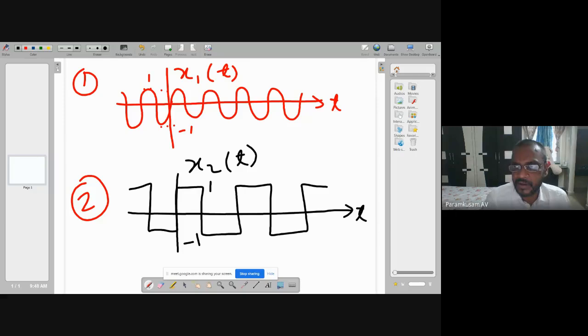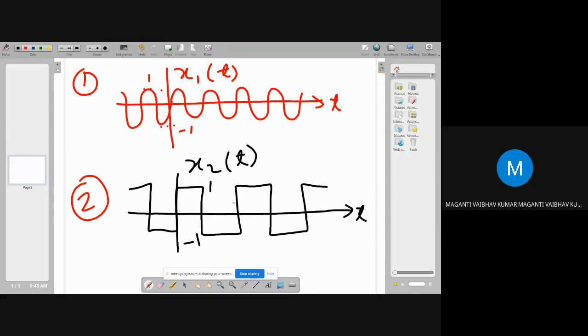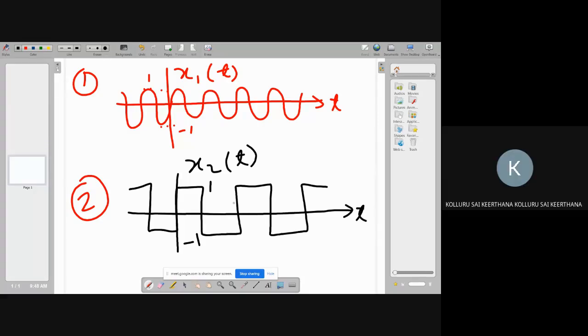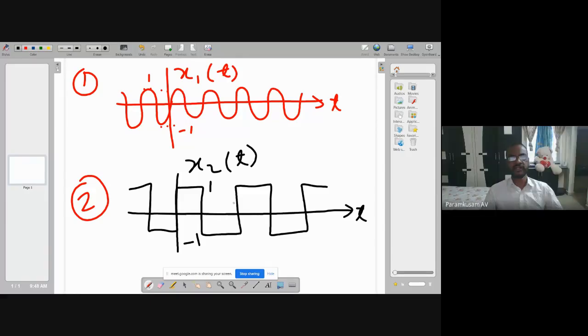Now you tell me which one is an analog signal and which one is a digital signal. First one, analog signal. First one means x1 of t is analog. X2 of t is the digital signal.